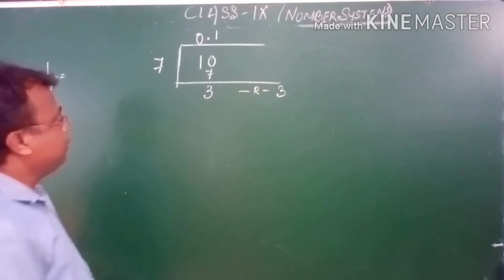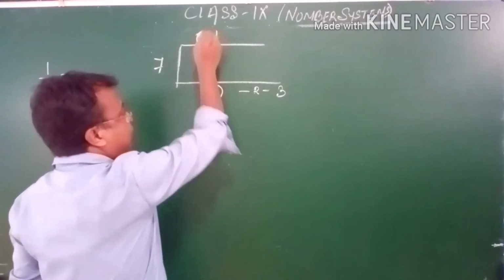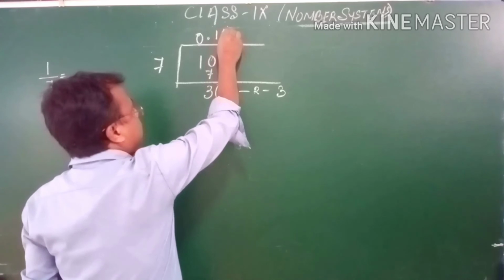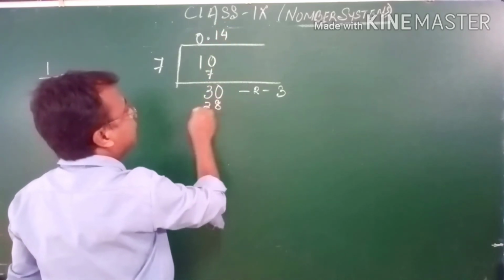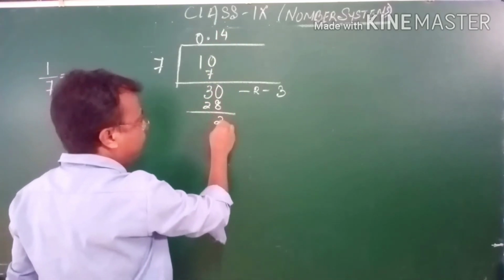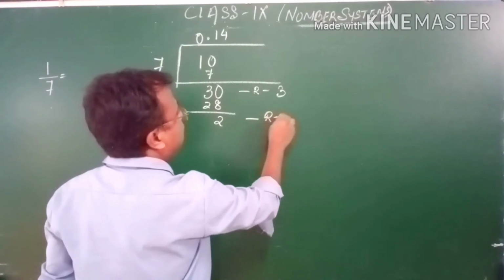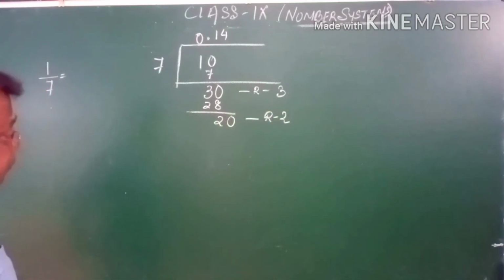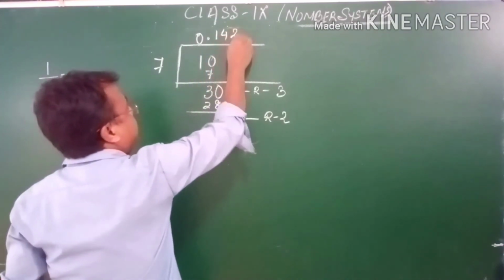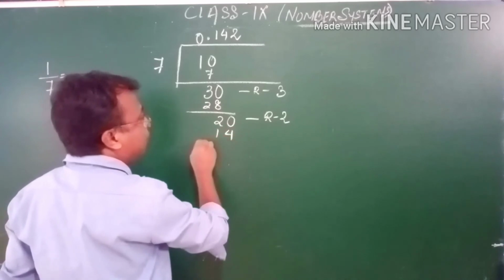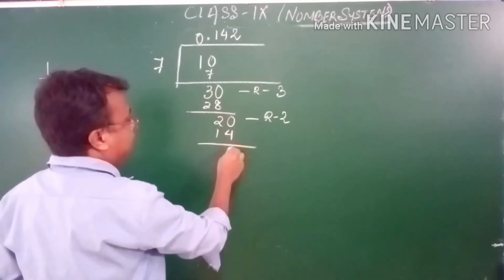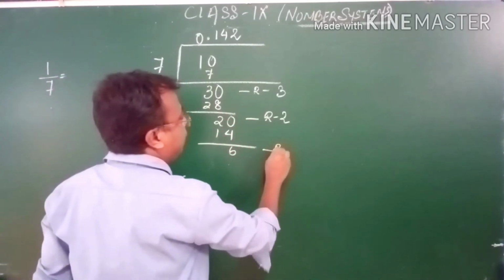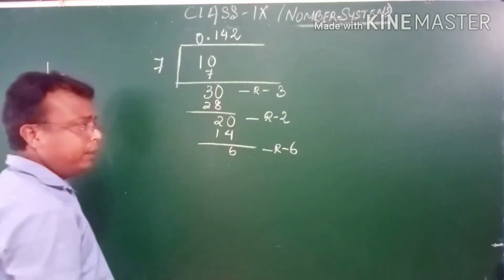Again it is less than 7, so you put 10. 7 4s are 28, so 10 minus 8 is 2. The remainder is 2. So put 10. 7 2s are 14, so 10 minus 4 is 6. The remainder I got is 6.